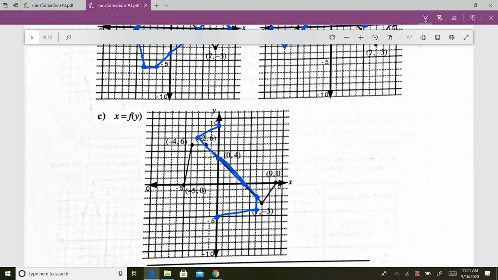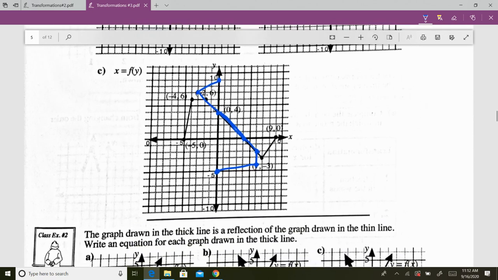There's the inverse of that graph. Pretty funky looking.